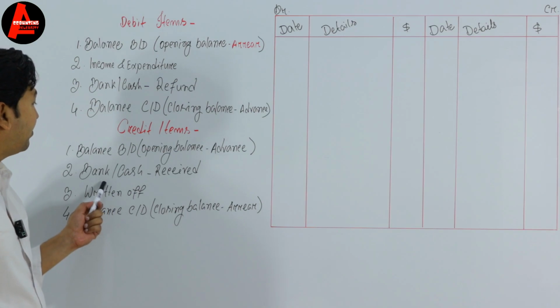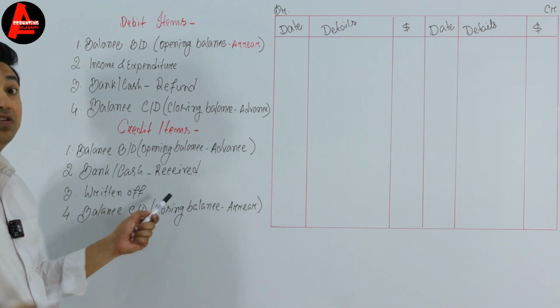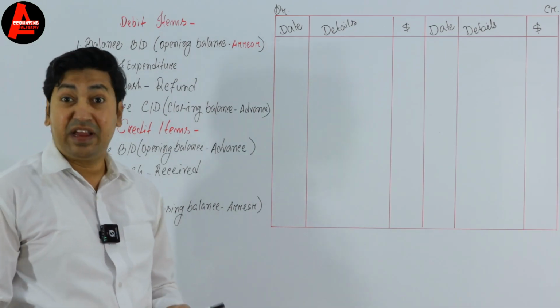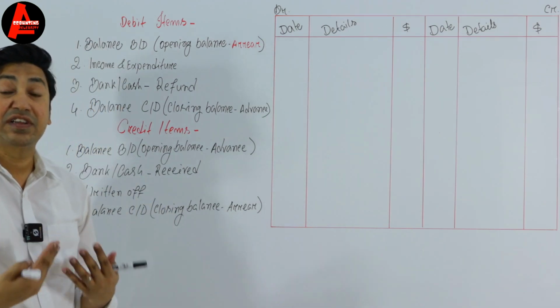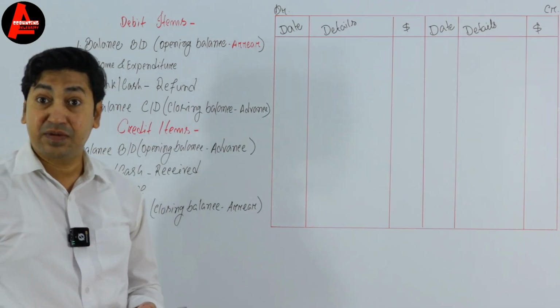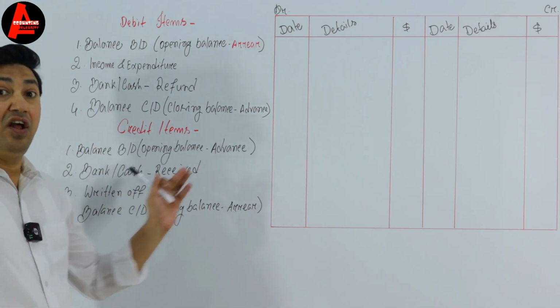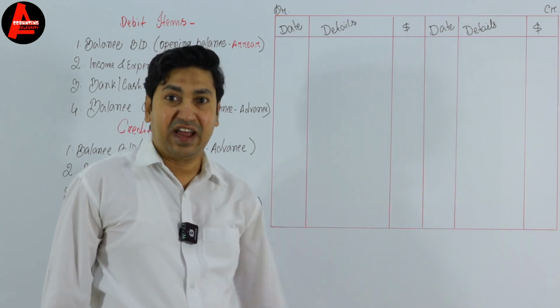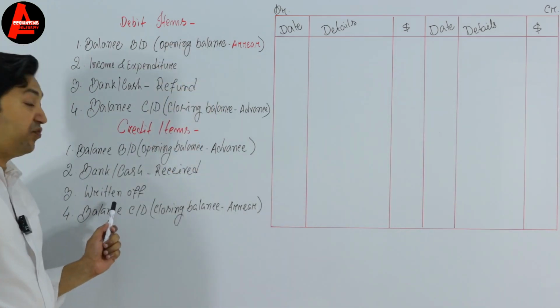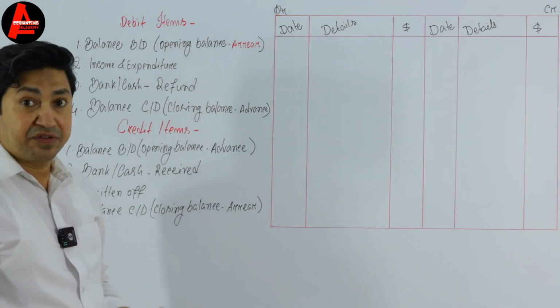Then we have here bank, cash, receipt. What receipt? If subscription is received in cash, we write cash. If it is received by bank transfer or by bank or by check, we write bank. Where? On the credit side, okay? Then here written off. What is written off? Subscription written off.